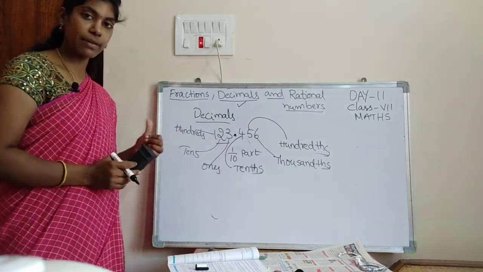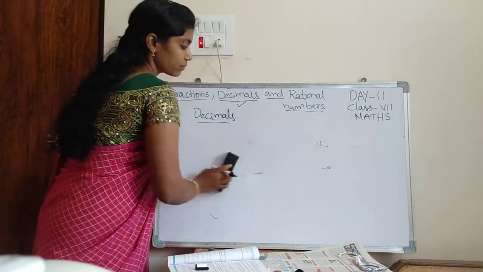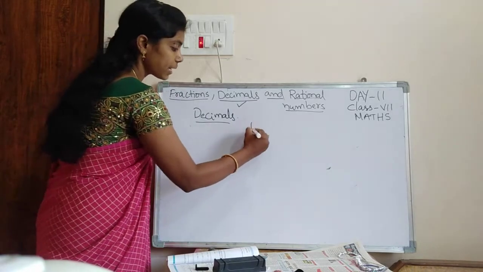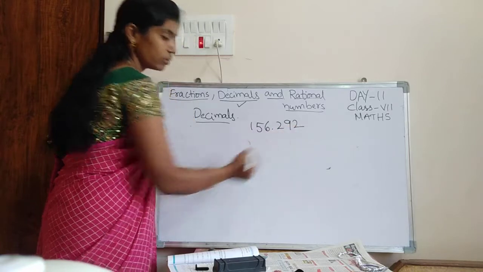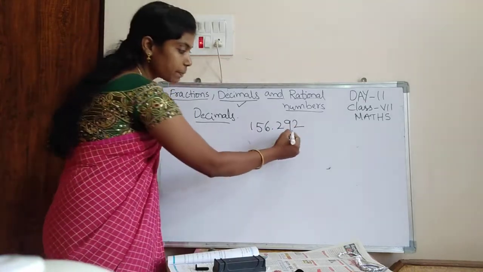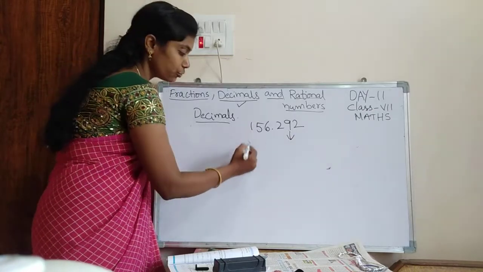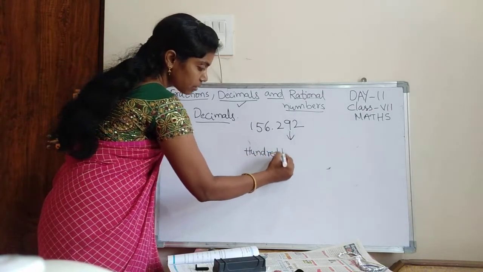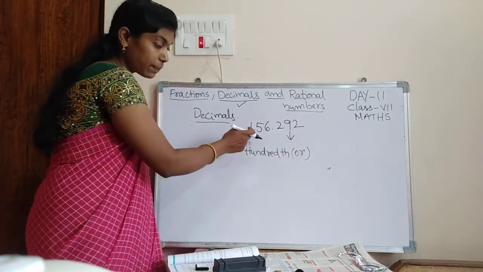One example again, and we will find some place values. Take 156.292. What is the place value of 9? You should write hundredths, or, in number form, how will we write it?